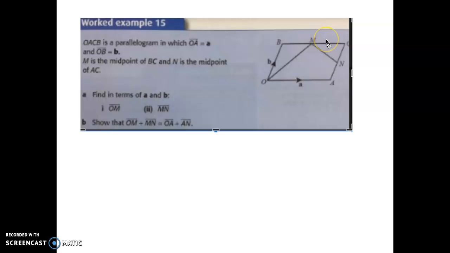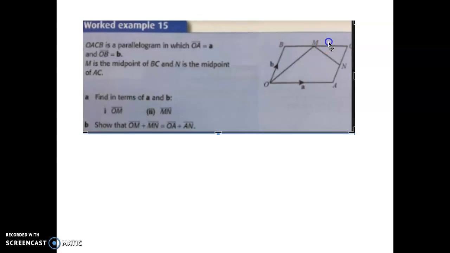So these go in the same direction, and sides of parallelograms are congruent, as you know. Now you know that the arrow is going this way, and you know that the B is going in this direction, the vector. So we're trying to get to M. Let's go in the more difficult direction. So we're starting here, we're going around here, we're going here. And we're starting at O, and we're going to add A. So we have a plus A.